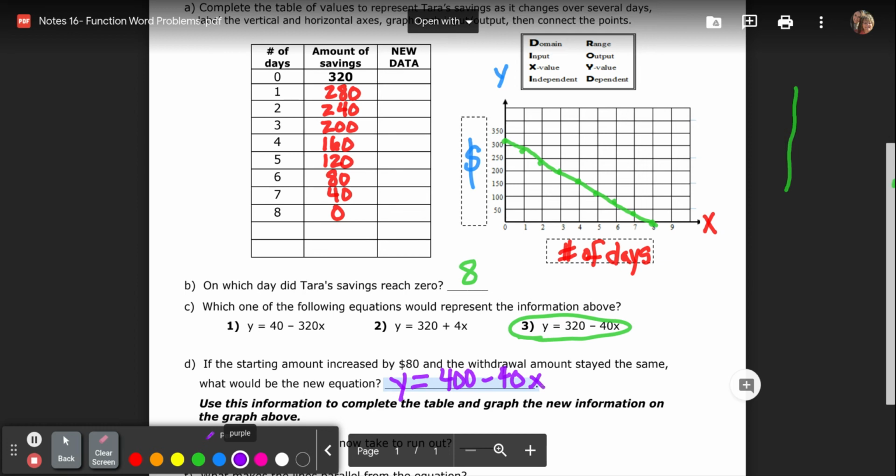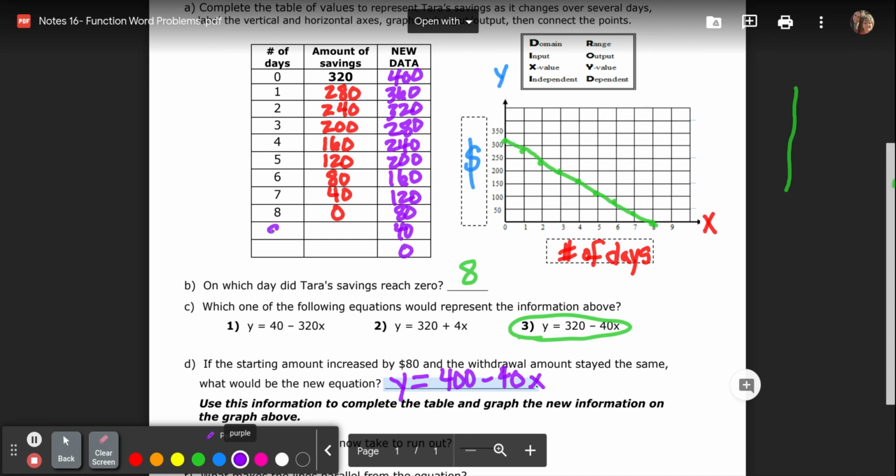All right, so it says use this information to complete the table on the graph and graph the new information on the graph above. So on day 0, it's going to be 400, and then just going to be subtracting 40 from each. So this will be 360, 320, 280, 240, 200, 160, 120, 80, 40, and 0.